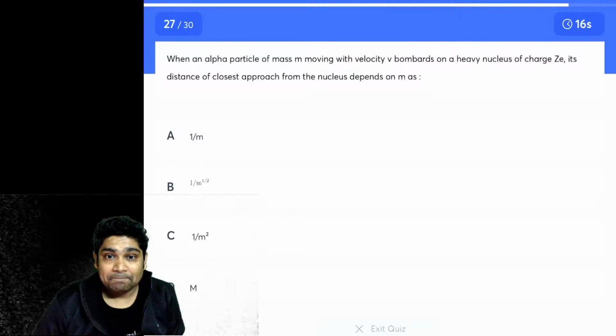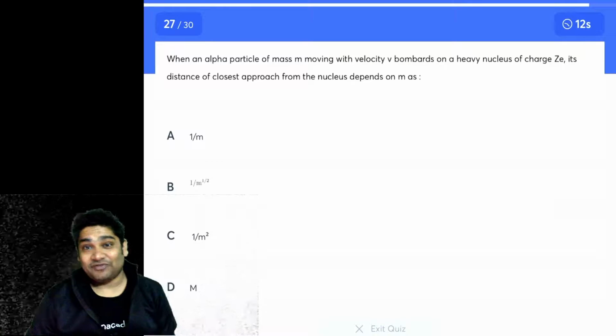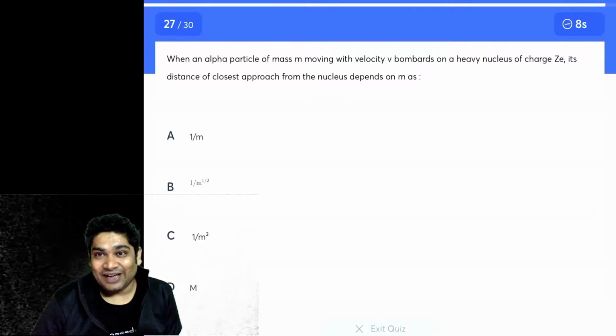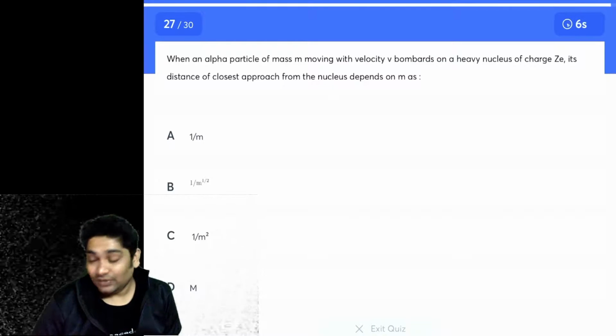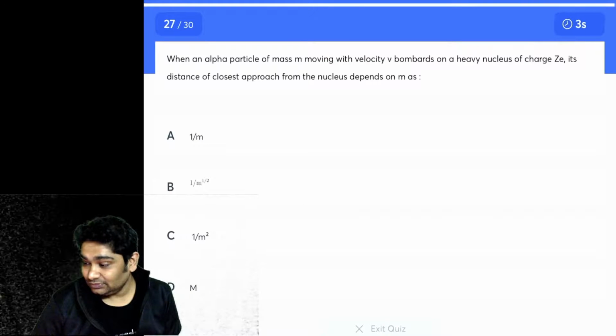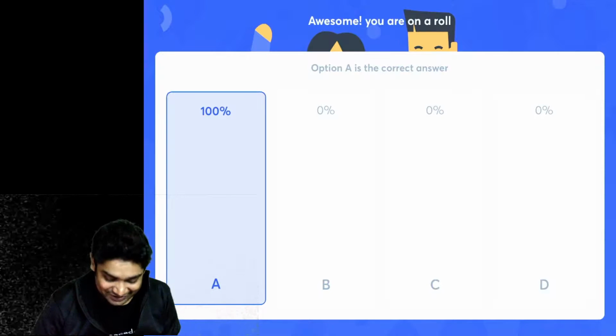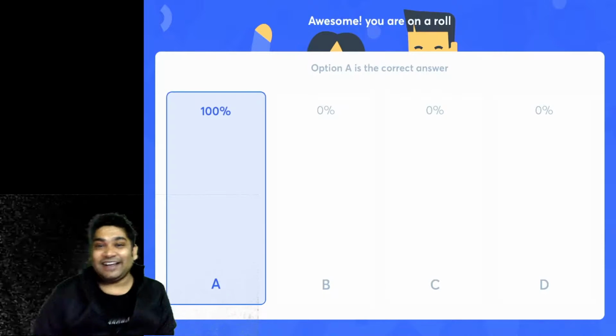Let's see if you can figure this out or if you remember the answer from the previous time that you saw this question. All right, time up. 100% correct. So you did remember the answer from before. Very nicely done.